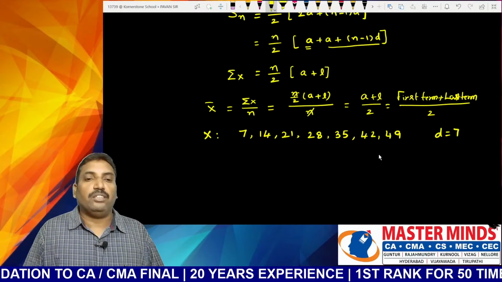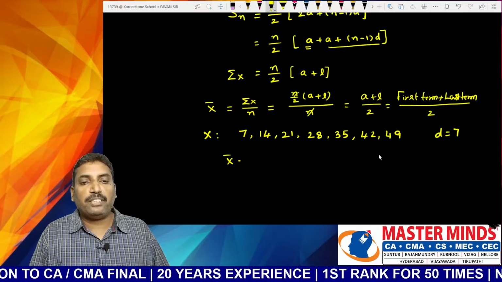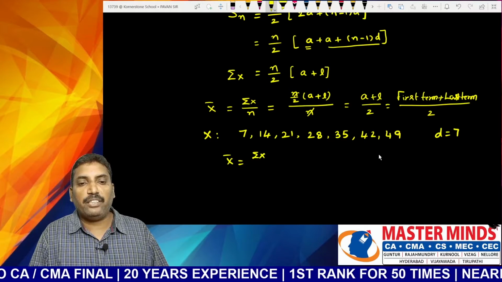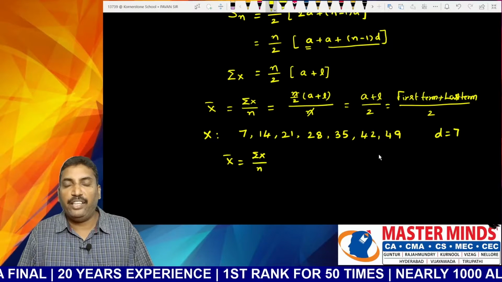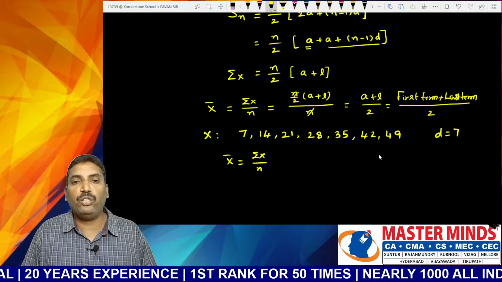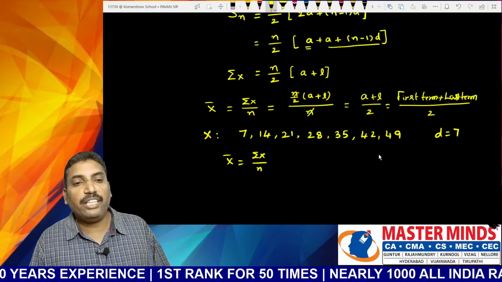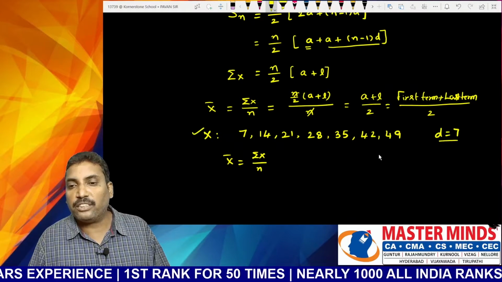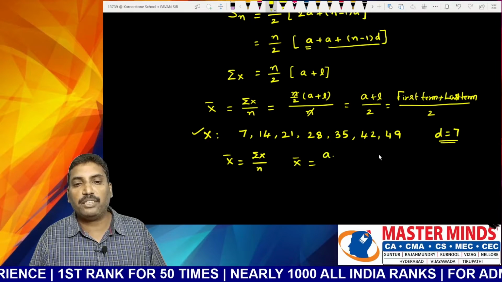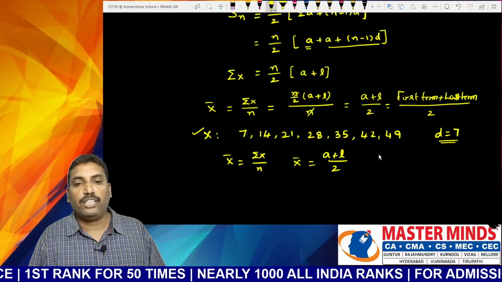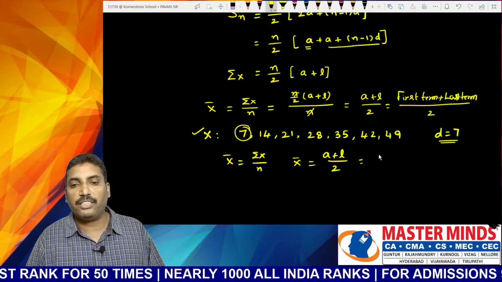Now suppose you want to use the basic formula, what is that? Summation of x by n. That means you have to add each and every observation, these 7 observations, and divide by 7. Instead of doing all this, whenever the given observations are in arithmetic progression with a common difference, we can use the formula x bar is equal to (a plus L) by 2. What is a? That is the first term, 7.